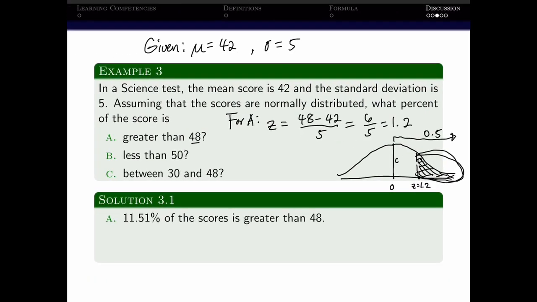So this area is 0.3849. To solve for the area to the right of z equals 1.2, we subtract 0.5 minus 0.3849, and the answer is 0.1151, or 11.51%. So that's how we got to this value.